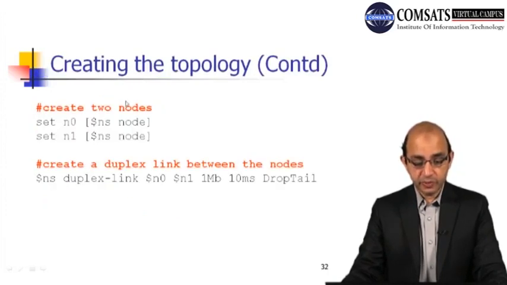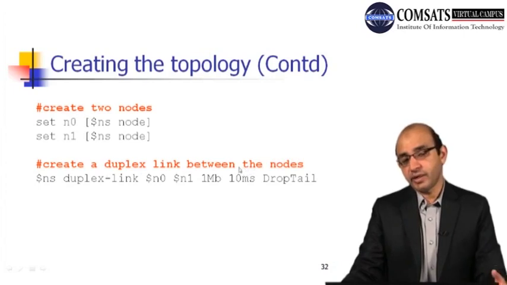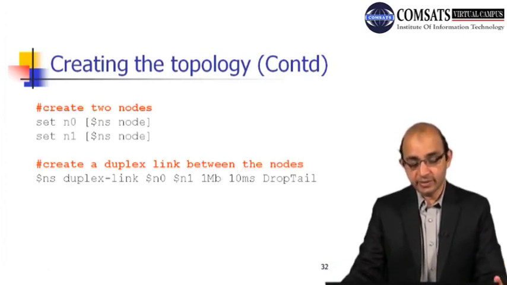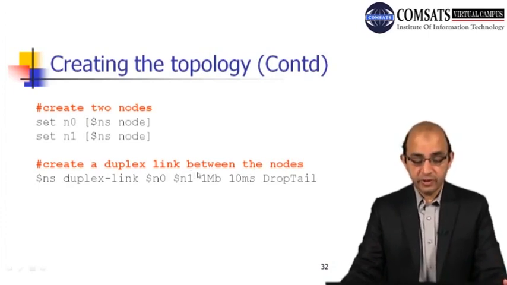Topology, 2 nodes: set n0, this is node 0, [$ns node], set n1, this is node 1, [$ns node], and then we are creating the link. We can define simplex or duplex links. This is a duplex link, so we can have two-way communication between the nodes.